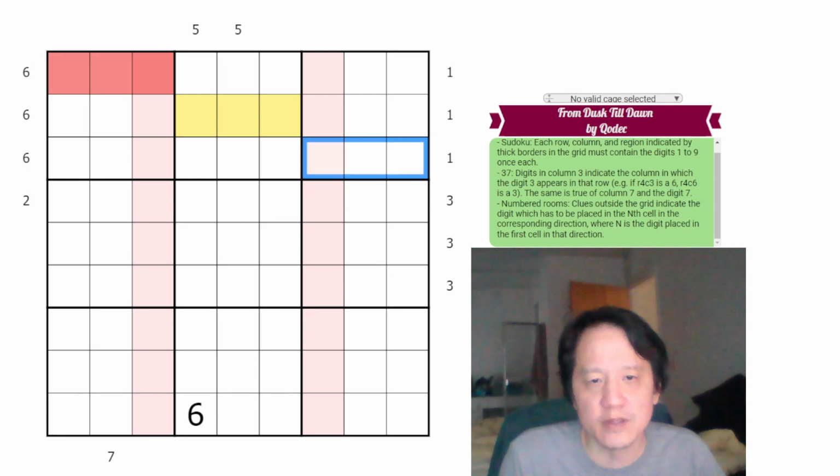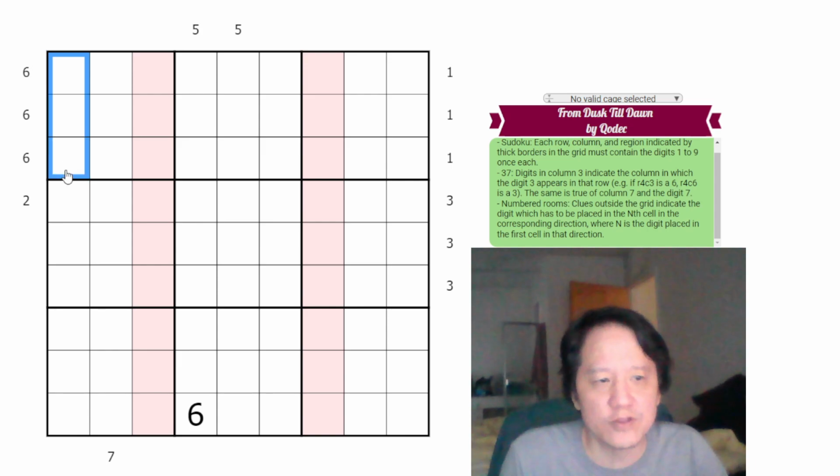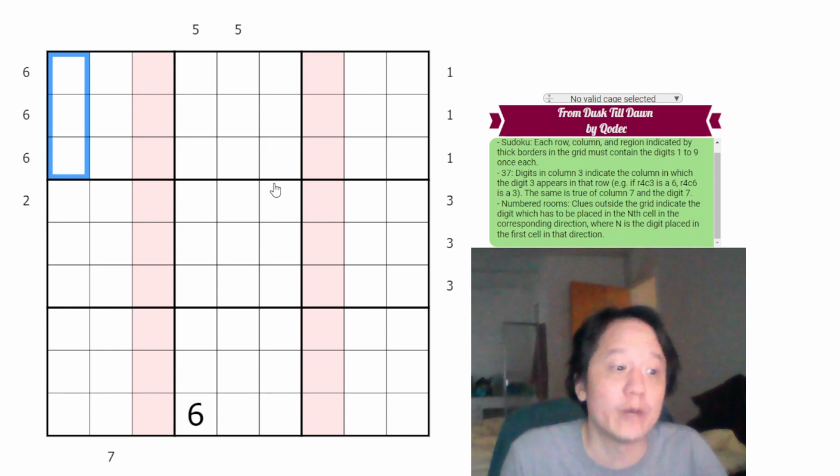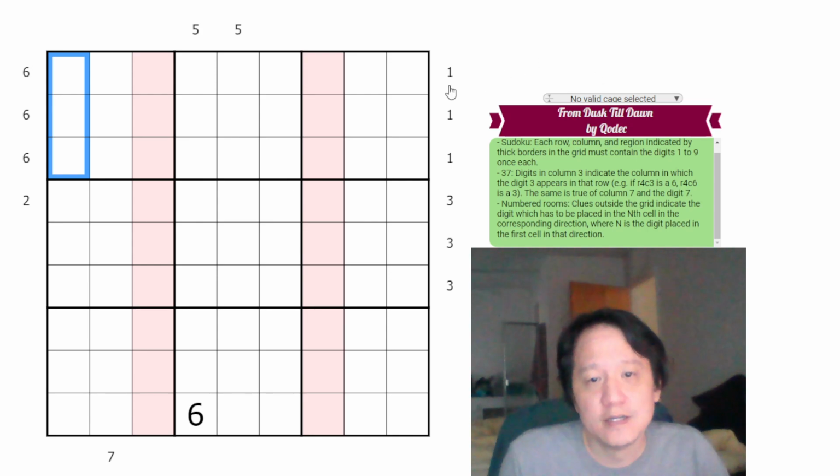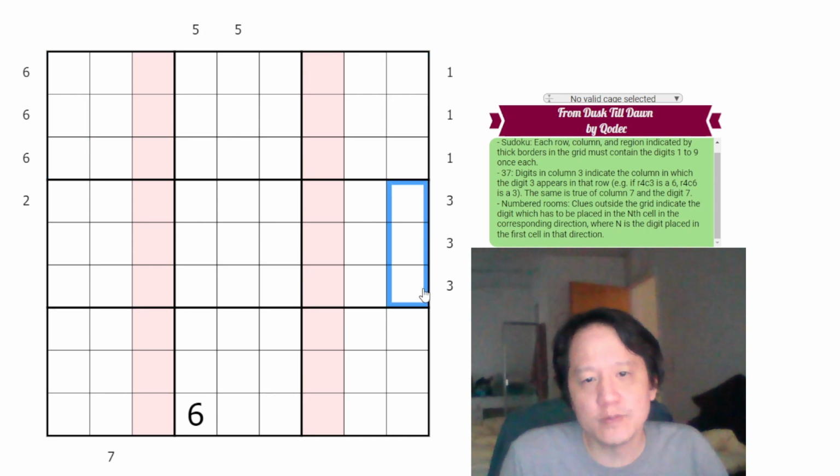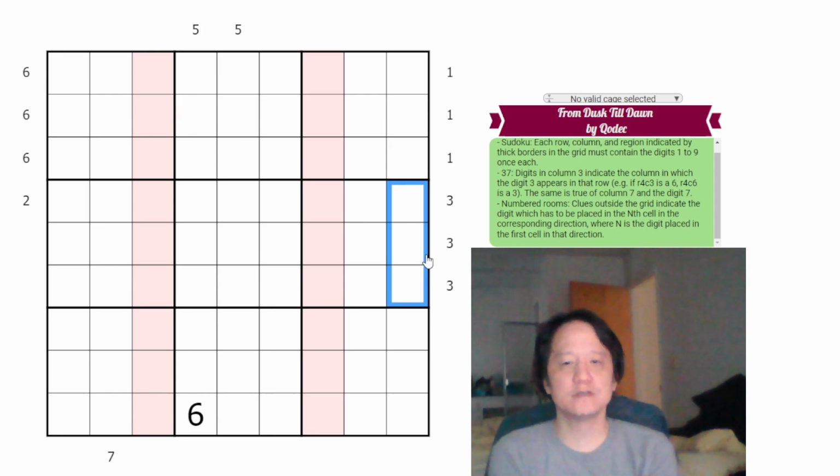Or it could be something like one's here and then the other one's here. So basically, these have to be in distinct boxes. So there are 3 different entropic values. Same here, right? Because of where the 3 is.